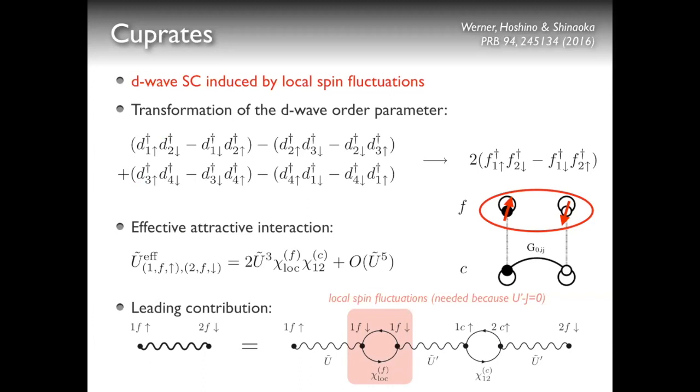What I sketched on the bottom right is the lowest order diagram, which induces such an interaction, and it involves in particular a local F electron bubble, which will become very large in the spin freezing crossover regime, and that's why this effective attractive interaction becomes large in the weakly doped regime where the superconductivity appears.